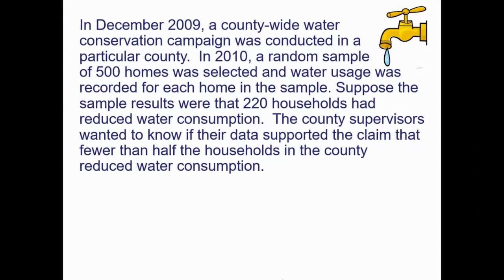Suppose the sample results were that 220 households had reduced water consumption. The county supervisors wanted to know if their data supported the claim that fewer than half the households in the county reduced their consumption.